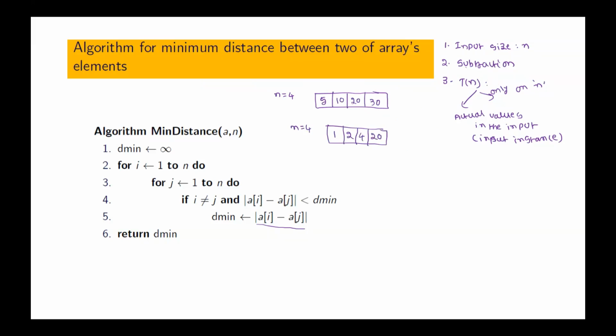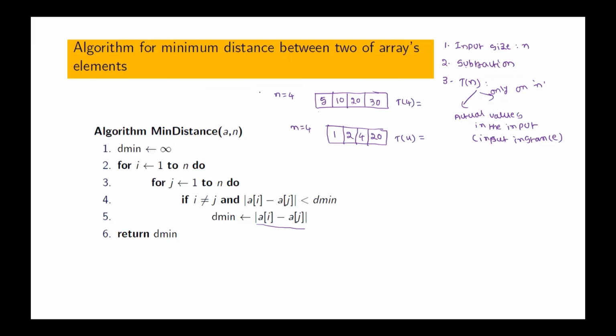Definitely it depends on input size n. That is fine. Now, the question is whether it depends on the actual values in the input also. What is the value of T of 4 here and what is the value of T of 4 here? What is T of 4 in the first case?